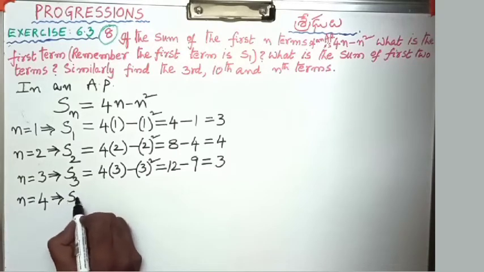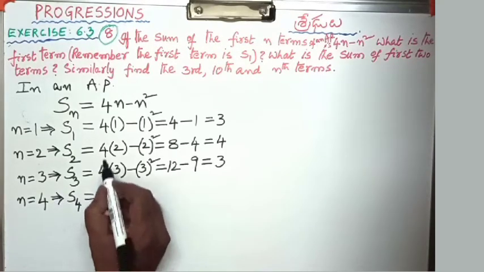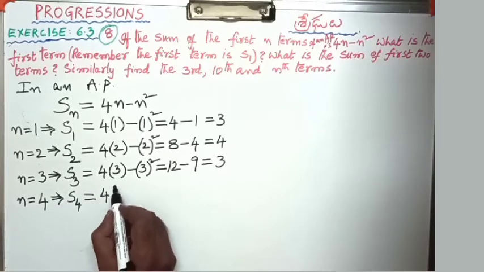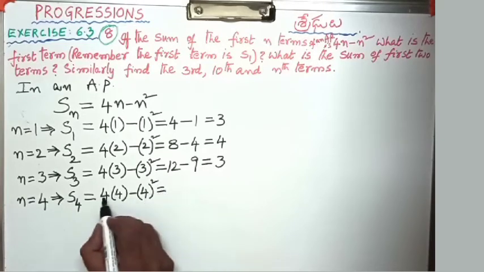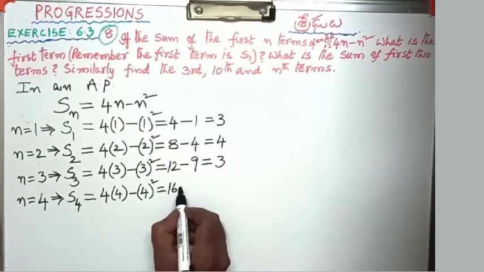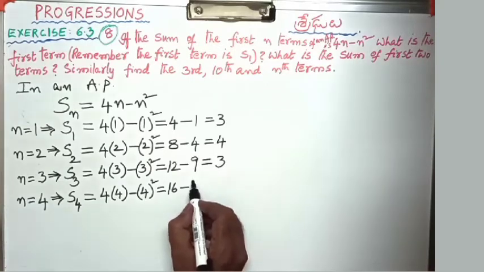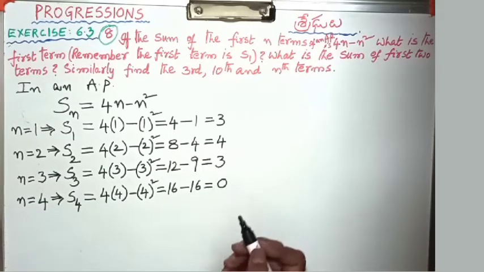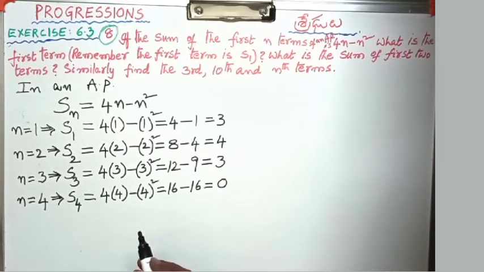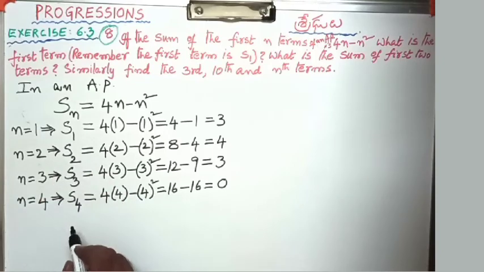Substitute 4 in place of n. So 4 into 4 minus 4 square, that equals 4 fours are 16, minus 4 square means 16. 16 minus 16 is equal to 0. So now you have found the S1, S2, S3, S4 values.